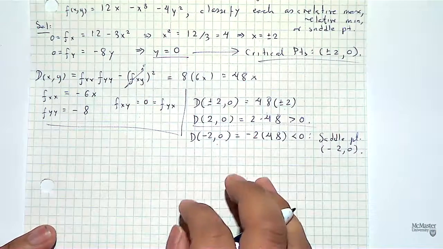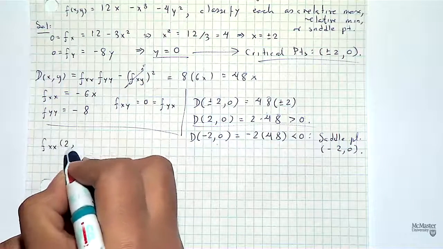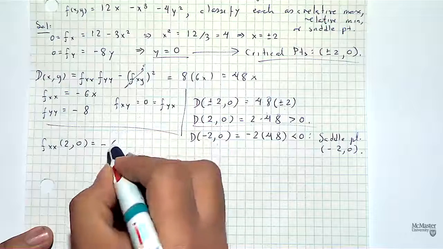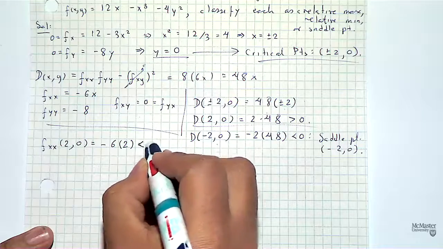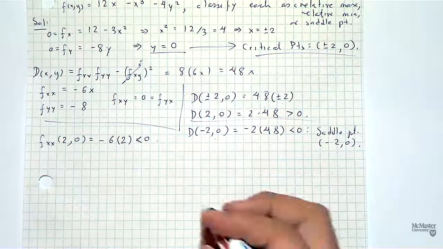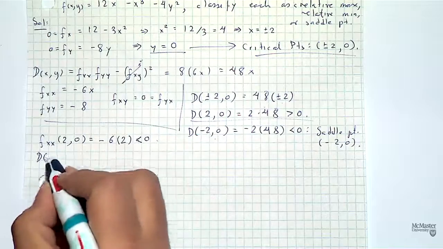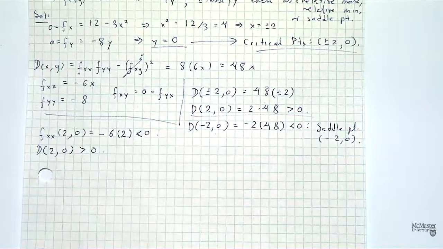Then you have fxx evaluated, for example, at the point 2 comma 0, which is minus 6 times x, which is 2, which is negative, right? And you also know that D evaluated at 2 comma 0 is greater than 0.